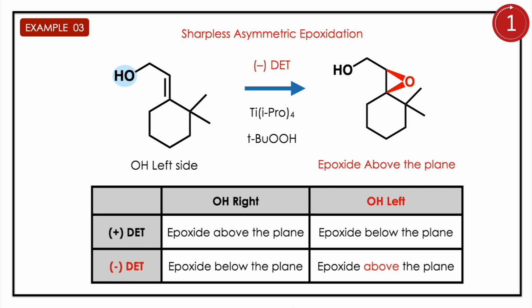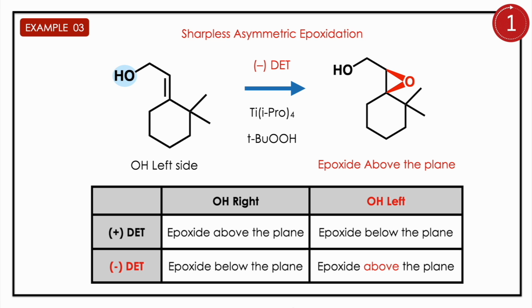Here you should identify whether it will go through the Sharpless reaction or not. Here you have an allylic alcohol. You should know that an exocyclic double bond with a third carbon alcohol and -DET means Sharpless asymmetric epoxidation is an enantioselective or diastereoselective reaction. Straightforward, we get into the problem. Here you have -DET. Let us analyze the OH position.